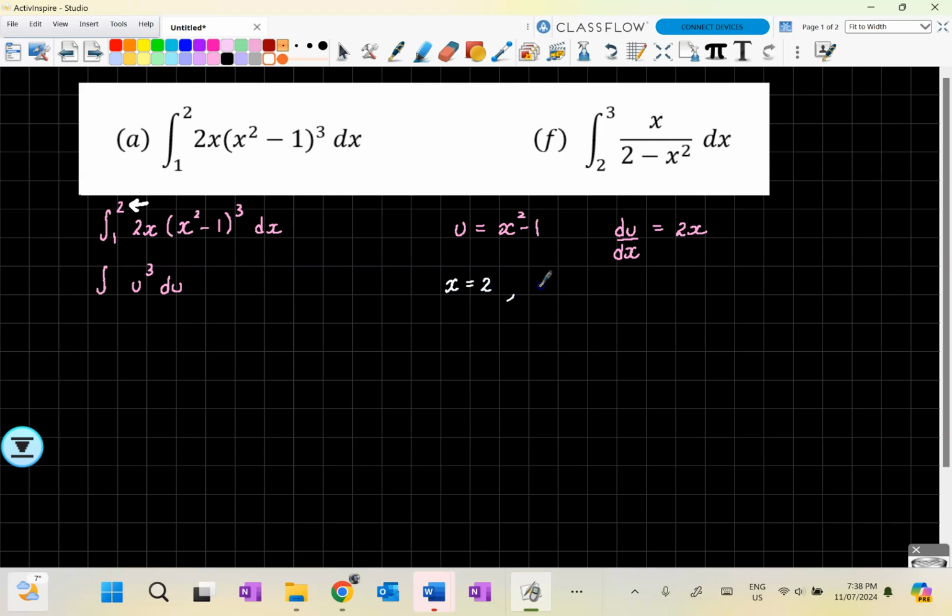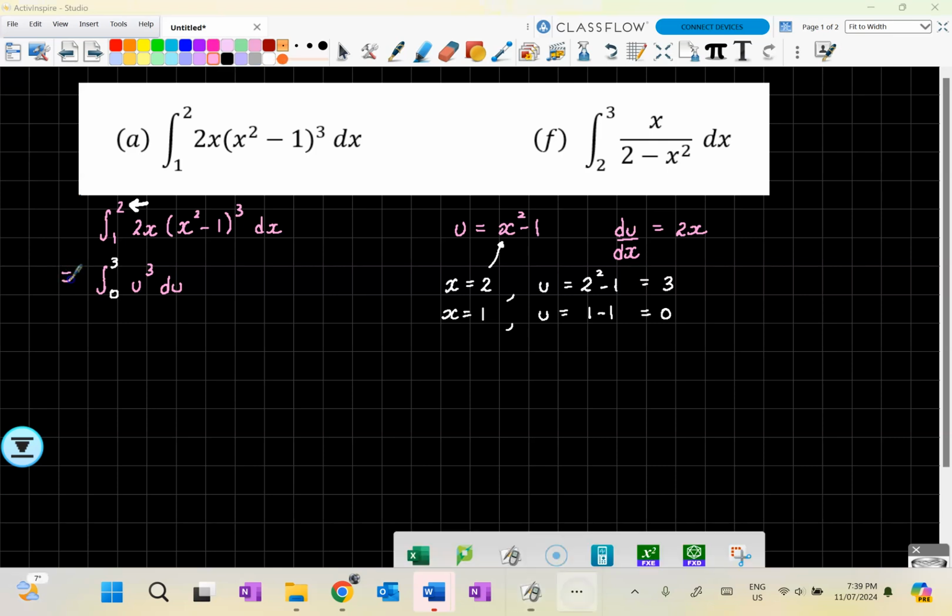What's our u value going to be? We replace it up here, so that becomes 2 squared minus 1, which is 3. And when x is 1, u becomes 1 squared, which is 1, take 1, and that becomes 0. So I'm now going to be integrating between 3 and 0.